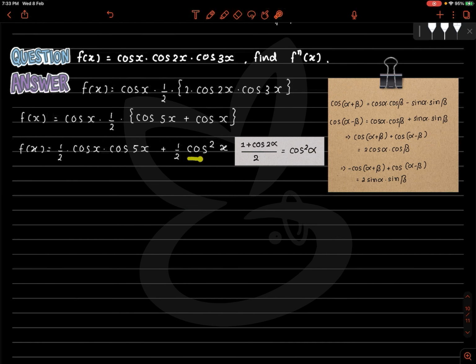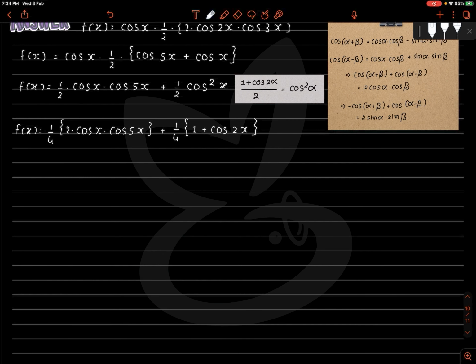Now for this we can use this formula to convert this function to the standard form, and for this we will again use this function. So the next step would be f of x is equal to 1/4 of 2 into cos x into cos 5x plus 1/4 of 1 plus cos 2x.